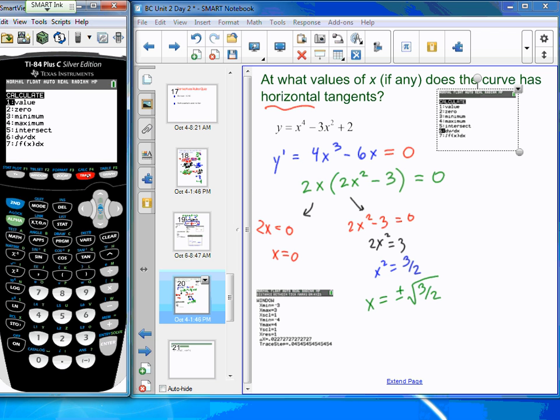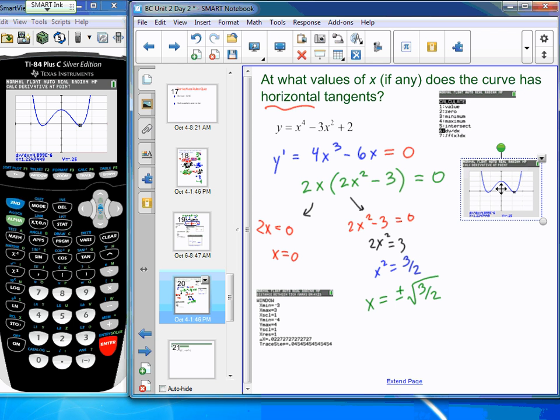So I'm going to calculate dy dx again, then root 3 over 2, and enter. Dang it! 4.8. We were way off. Wait a minute. It's 4.899 times 10 to the negative 6, so 0.00000498. Again, our calculator is imperfect. It's giving a decimal approximation, but this is trying to say 0. So we're okay.